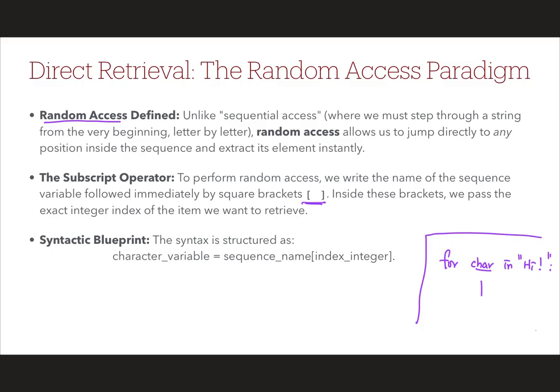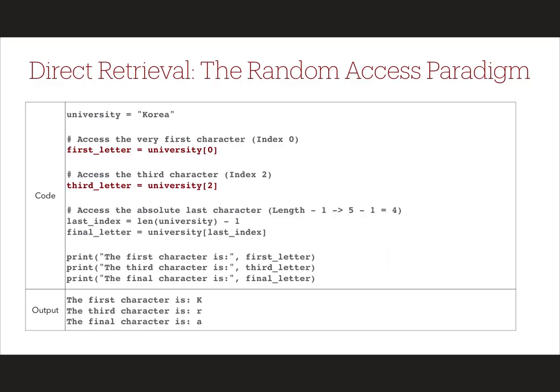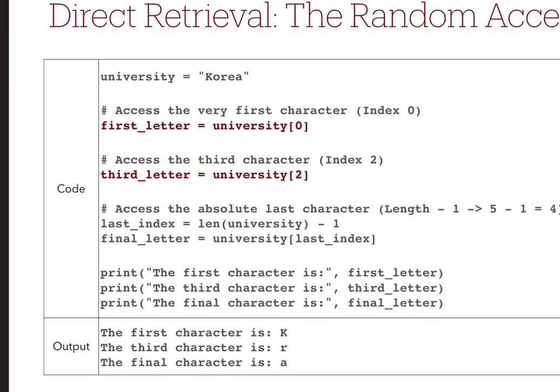So here is the simple way to use it. Here is the name of the sequence, and inside the square bracket you provide the index number. Then you can access the specific character or specific number inside a sequence of numbers. And you will frequently use that expression from now on.